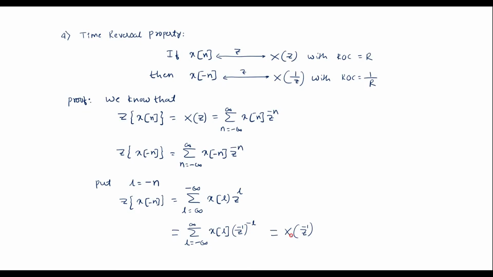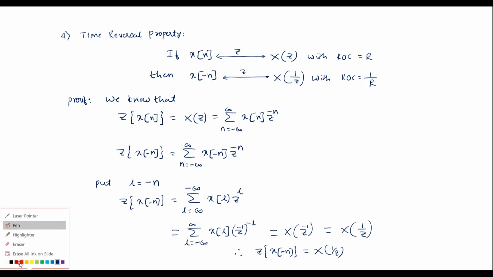So it is equal to X of 1 by z. Therefore, the Z transform of the time reversal, x of minus n, is equal to X of 1 by z. Thus the property is proved.